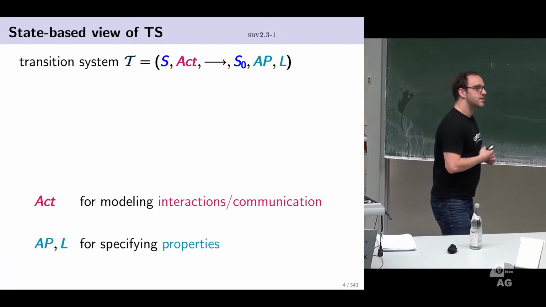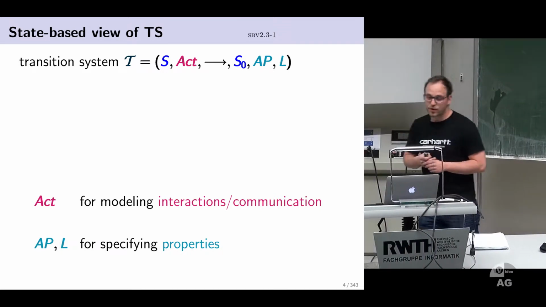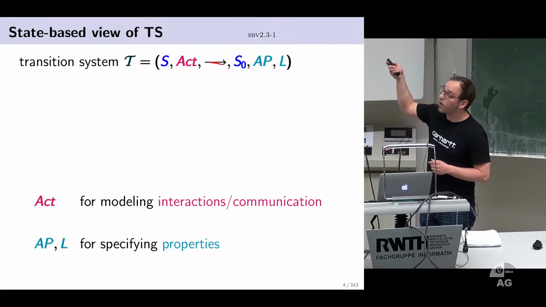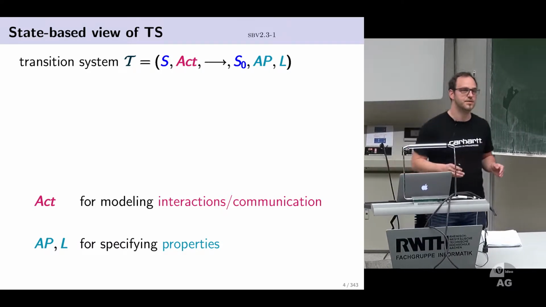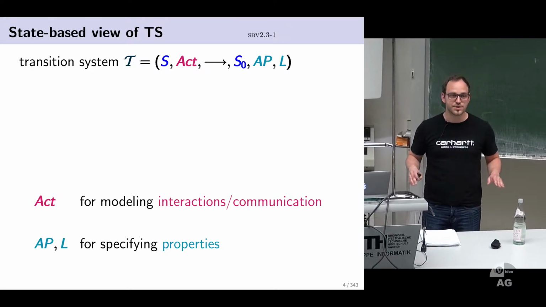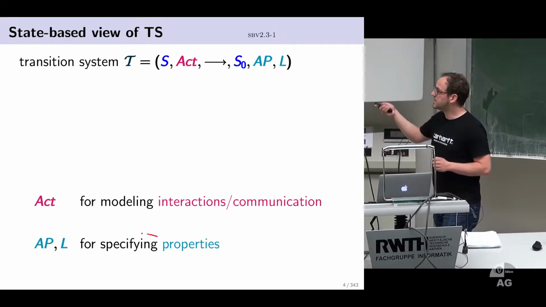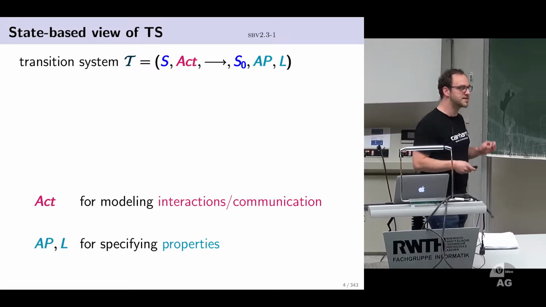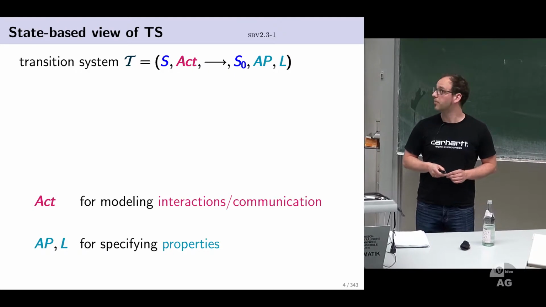In the course of this lecture series, we're going to make the following assumption: the actions, the things that you have along the transitions, are used exclusively for communication, i.e., parallel composition of transition systems. We're not going to use them in the properties. What we are going to use in the properties are these two components, AP and L. So we're only looking at the labelings of states when we're talking about properties in this lecture, okay?